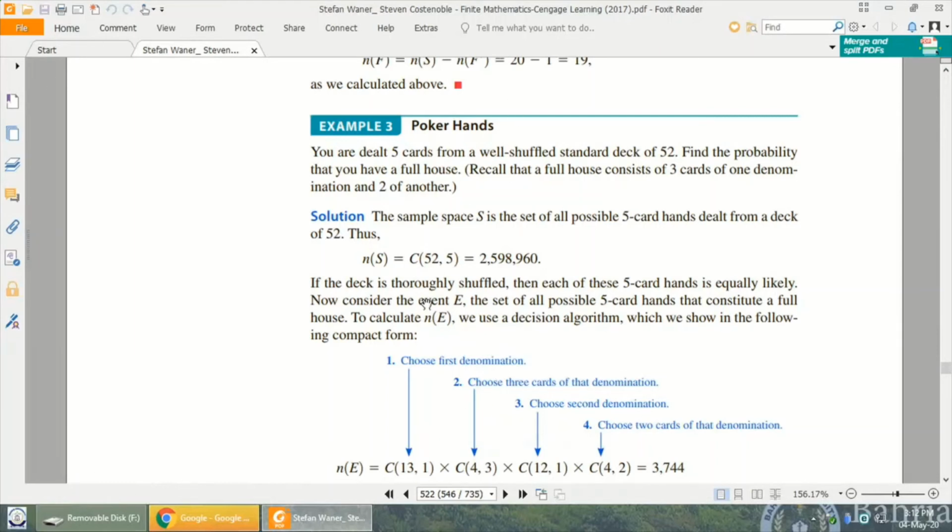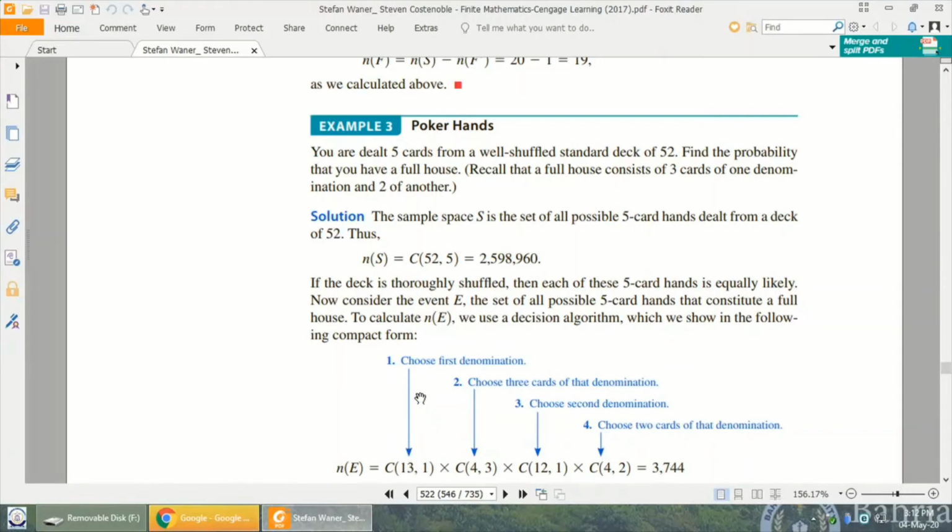So there are 4 kinds of occurrences within 52 cards of 4 types. There could be a possibility that out of those 4 types, 3 cards are chosen for the first denomination.